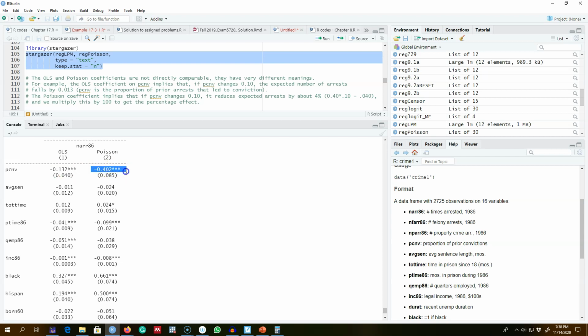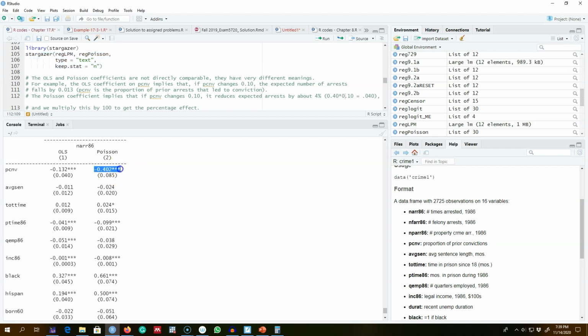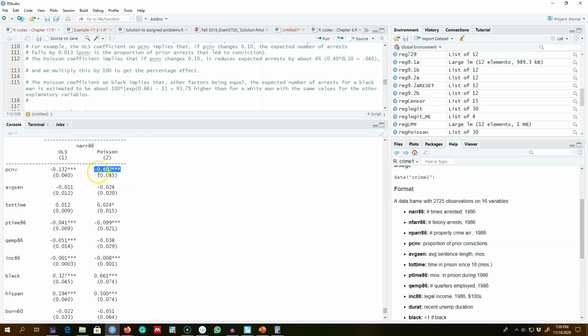For the case of Poisson, the coefficient on the proportion of prior convictions implies that if the proportion of prior convictions changes by 0.10, the expected arrests reduce by about this coefficient multiplied by 0.10, and this will give us a value of about 0.040. And we can multiply this effect by 100 to get the percentage effect.